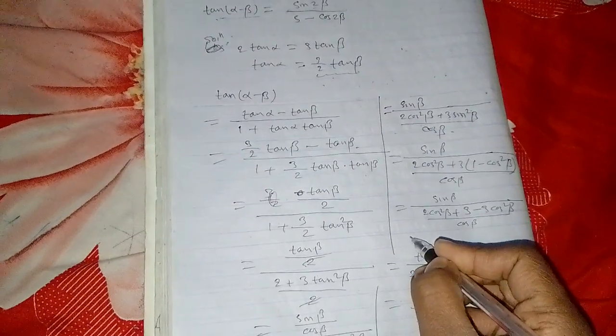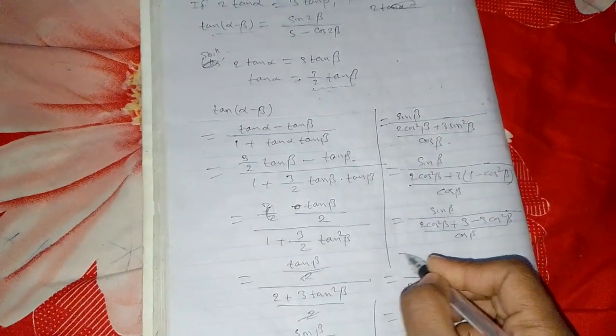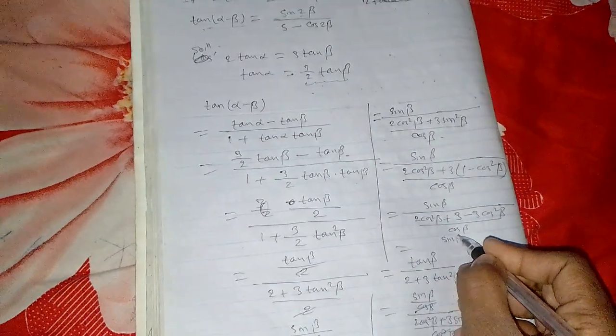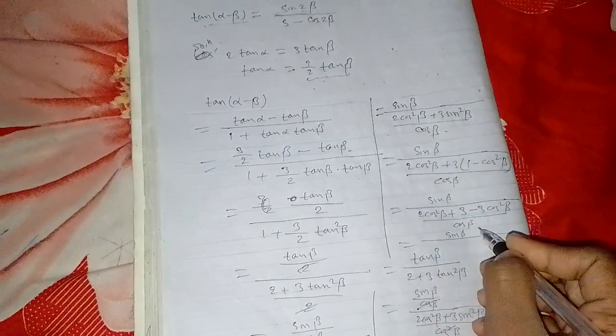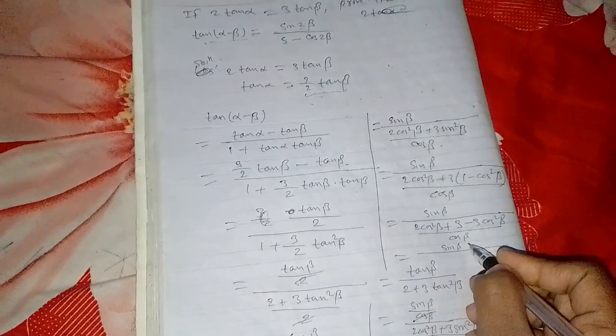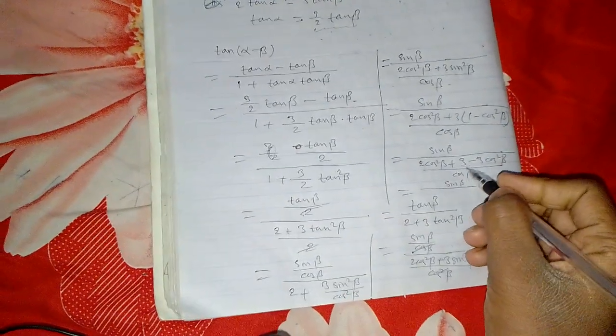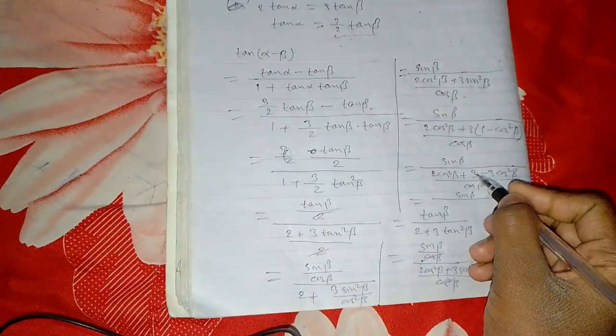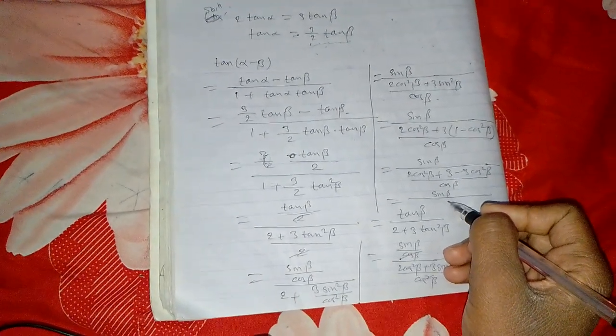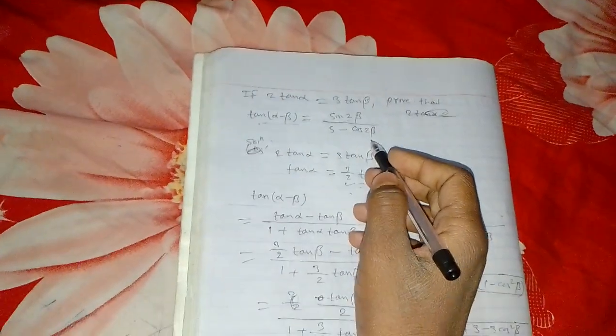Again, I'm running out of space. So yeah, this will be sine beta divided by, now, do you have trouble here? I have one trouble, that there is 3, but I cannot divide out the 3 by cosine beta, and I'll get something of this form.